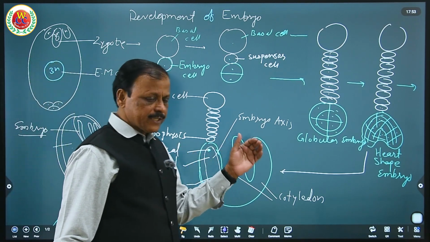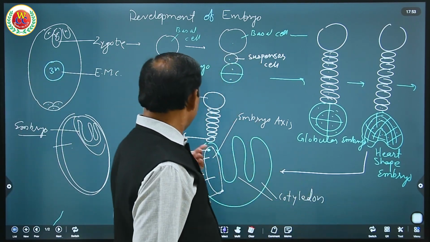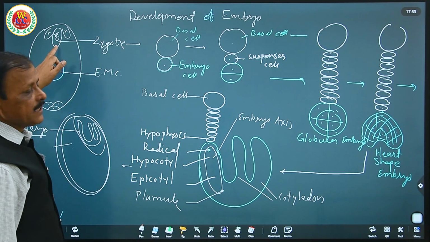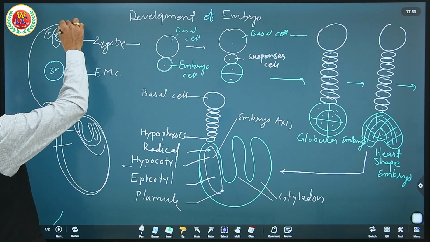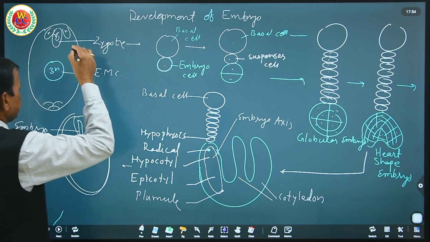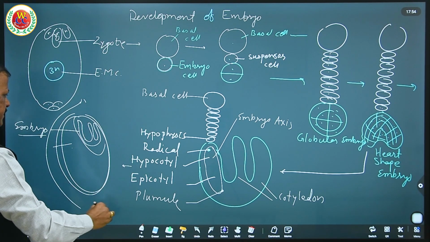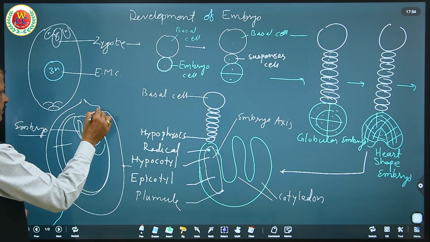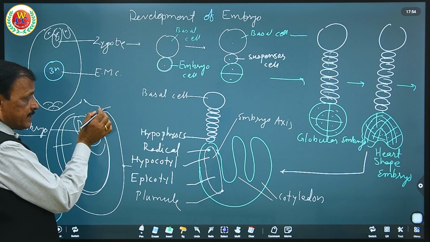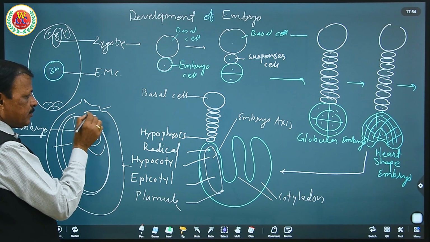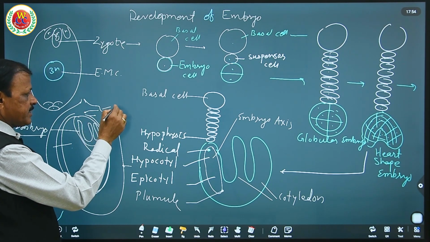So we did understand here how this embryo is being developed from the zygote towards the end of the micropyle. Here when finally the seed is developed, that seed has one knob called hilum. That hilum becomes the micropylar end, where it is very close to have diffusion of oxygen and water.